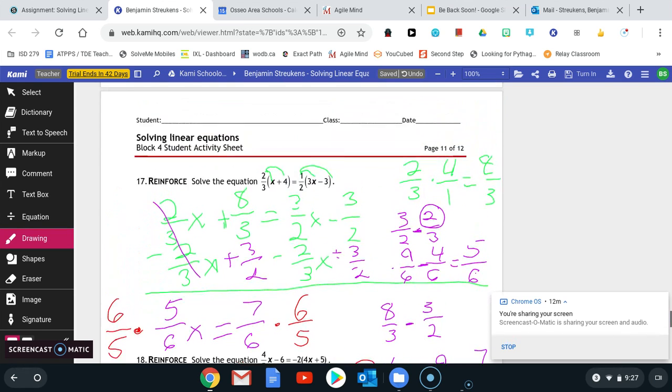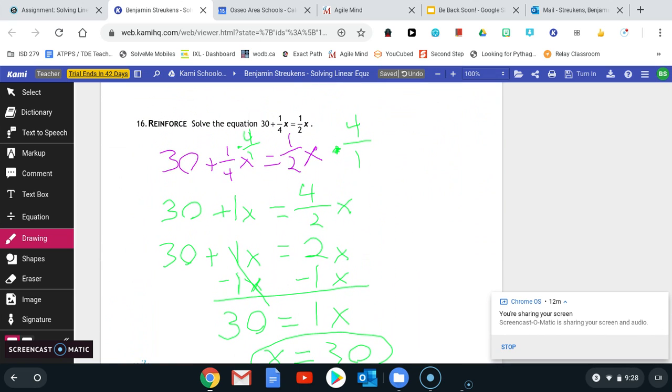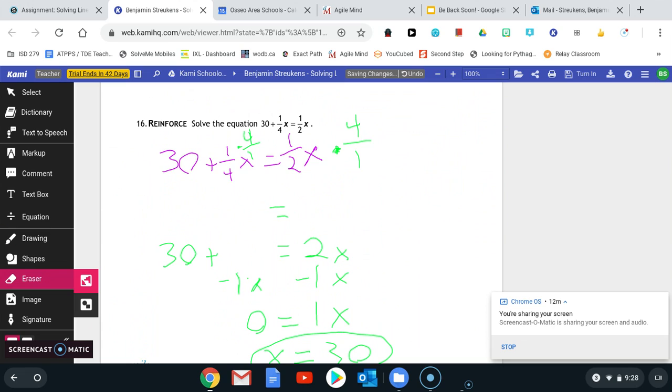I'm going to go back real quick to change my answer up here. We would need to subtract and get rid of this. We would need to subtract the 1/4 from the 1/2 instead of multiplying it out first like we did. That's a mistake. I'm changing it right now.